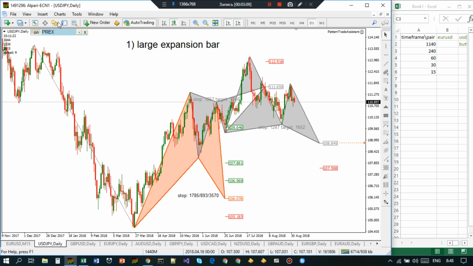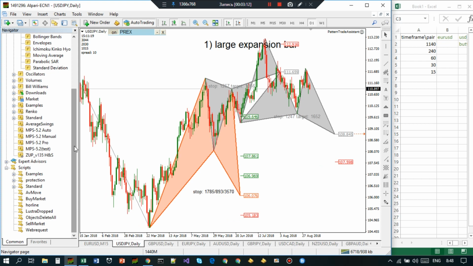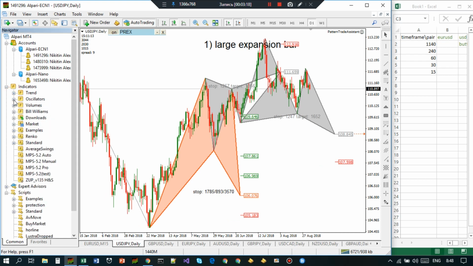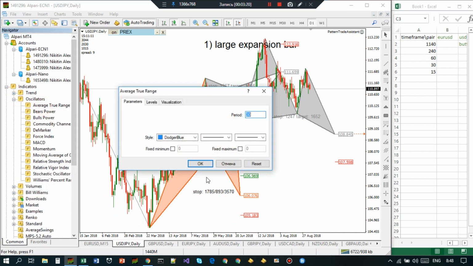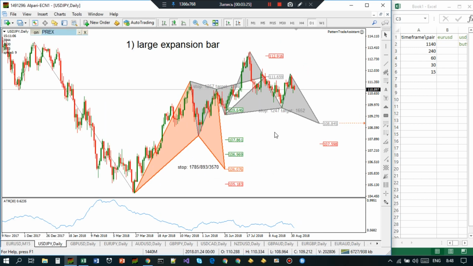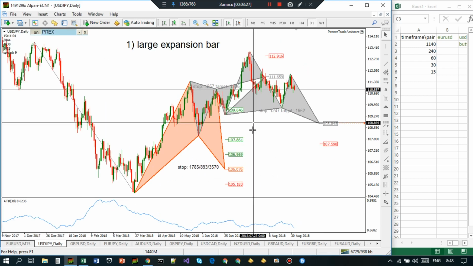So if you wish to stay mechanical, you just attach the average true range, period 30, and the large expansion bar is the bar that is twice greater than that.